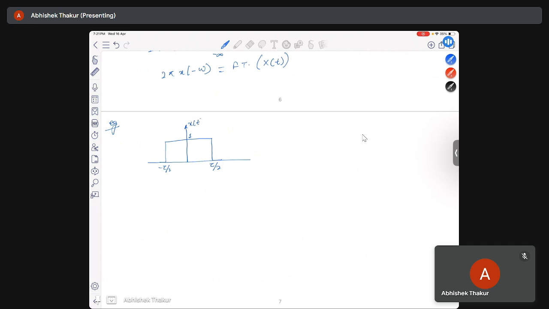The value is 1 from t equal to −τ/2 to τ/2. So the Fourier transform for this is a sinc. So the sinc function we can draw. So this is our sinc function.